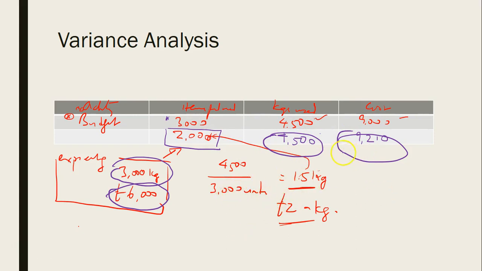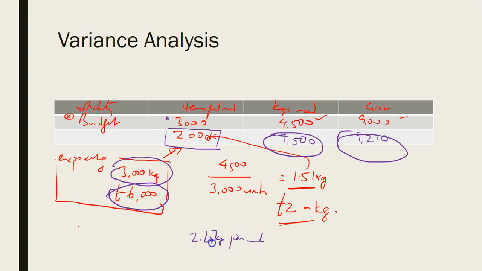Some more information if you want to break this down for your own understanding. If you used 4,500 kilograms on 2,000 items, using this blue pen now, that means you used 4,500 divided by 2,000, which is 2.25 kilograms per unit.